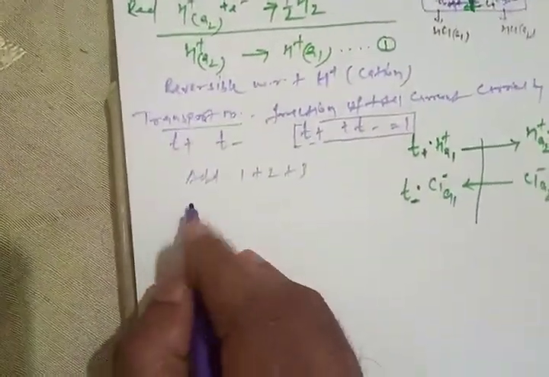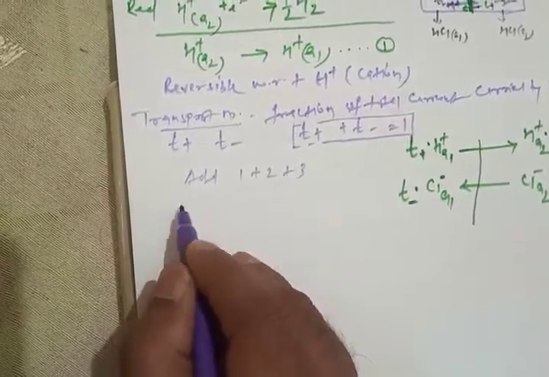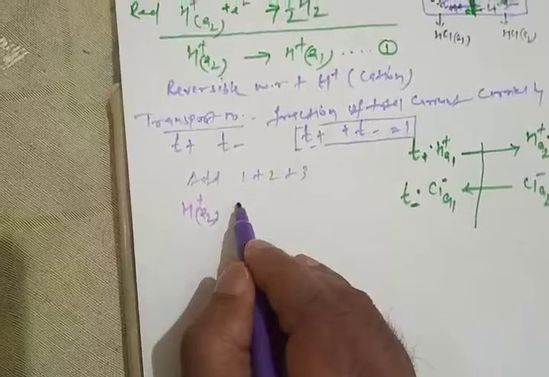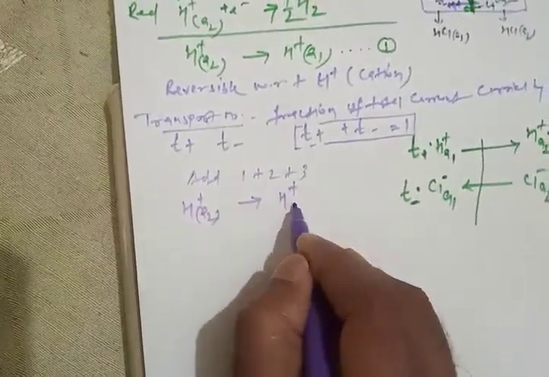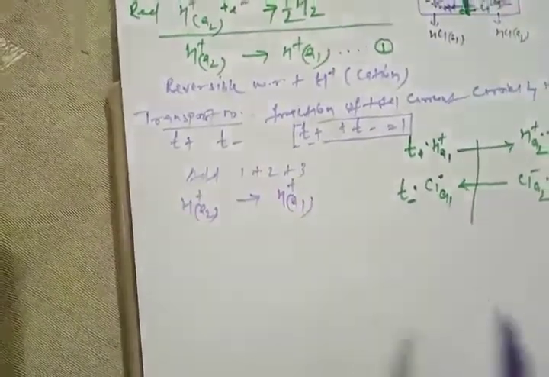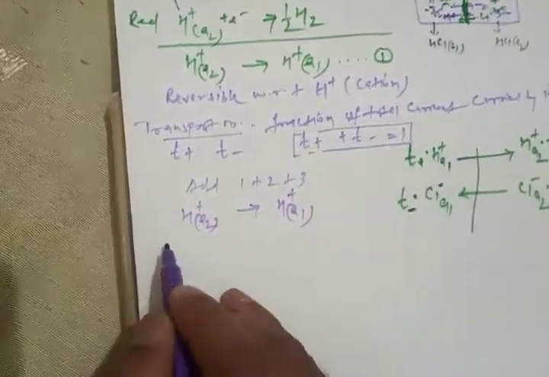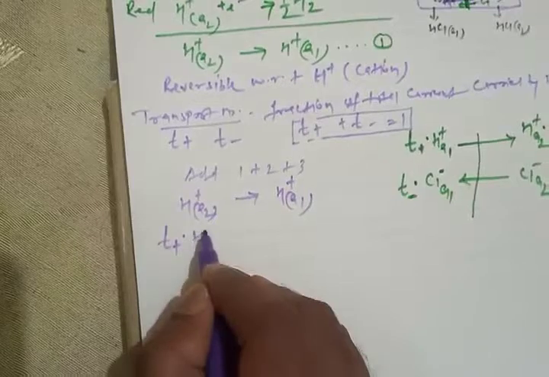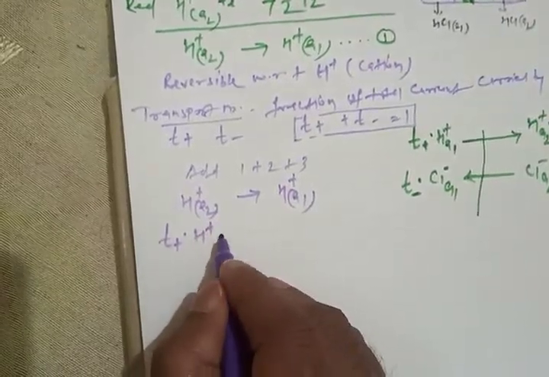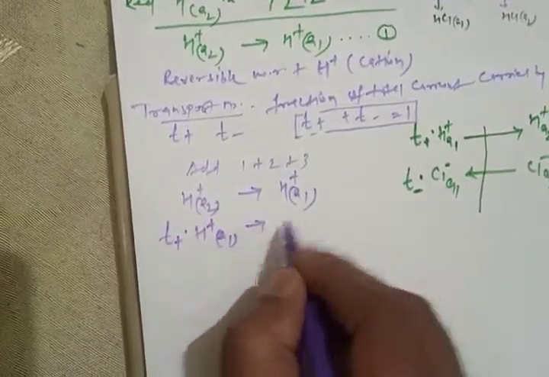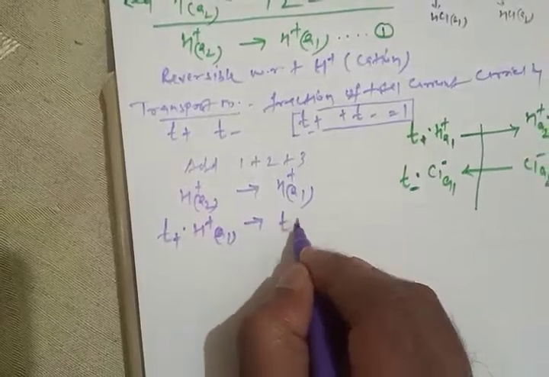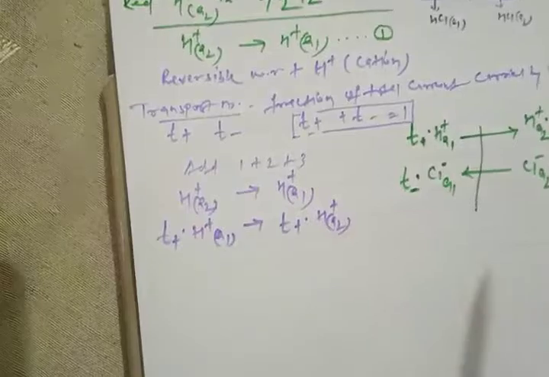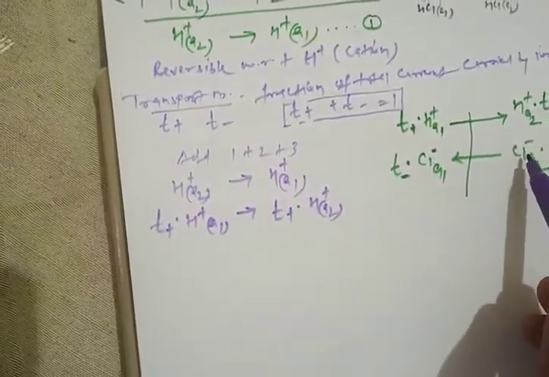Here we have H plus A2 to H plus A1. Here we have T plus H plus A1 to T plus H plus A2, and here just see.